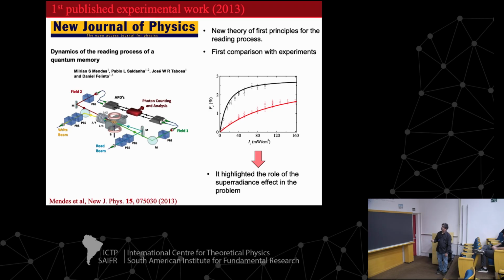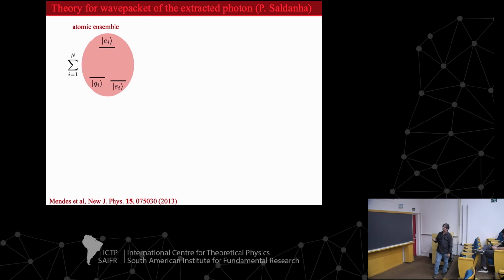And so for this kind of system, once we put it to work, we did some theory from first principles to try to model this kind of memory in a more detailed way. So if we have this system here, 3-level atoms, once you detect a click in the first photon, and then you prepare some collective state that I showed in the last class that it was just a Dicke state.